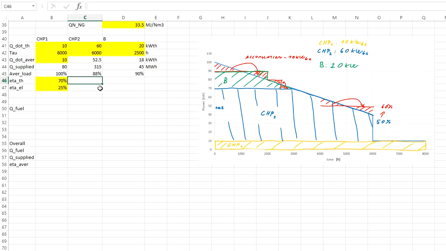Now the CHP2 could be perhaps some microturbine, with already not running always at 100%, so the average thermal efficiency, let's say 65, and average electrical efficiency, let's say 28%.